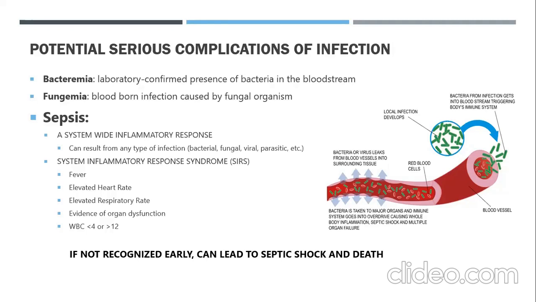I was just giving you these terms because they were in your book: bacteremia, fungemia. But any infection can go bloodborne. When the infection gets out of control and gets into the bloodstream, it's traveling and affecting the whole body, and it's causing a system-wide inflammatory response.